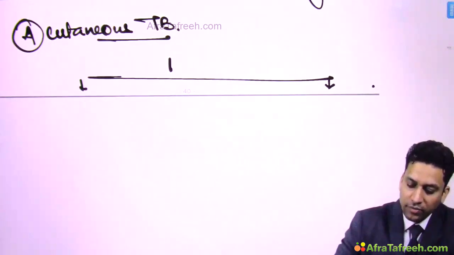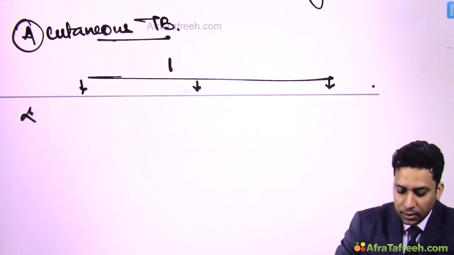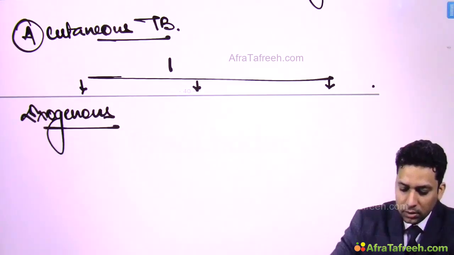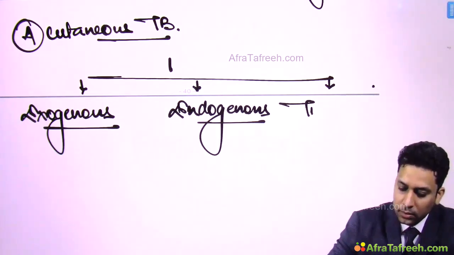Depending on the source of infection, you can divide cutaneous tuberculosis into three types. It can be exogenous, it can be endogenous, or tuberculid.